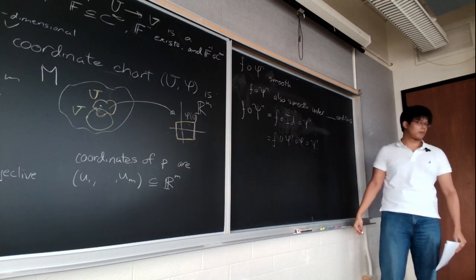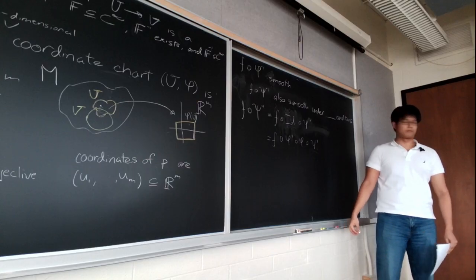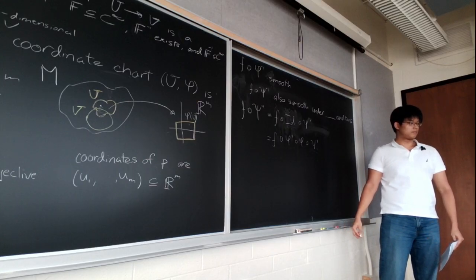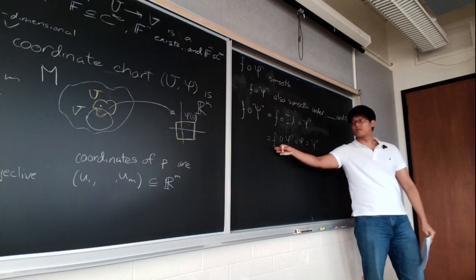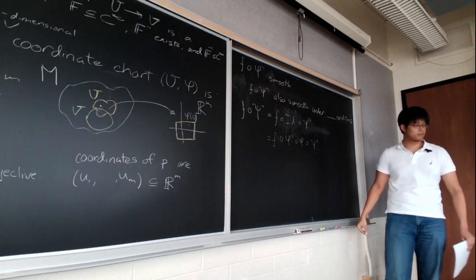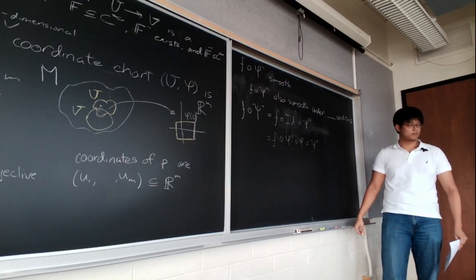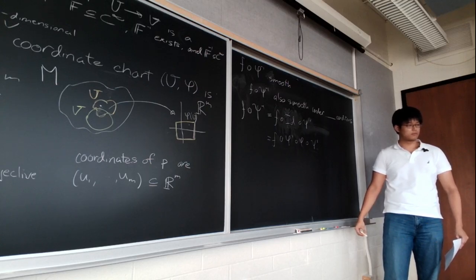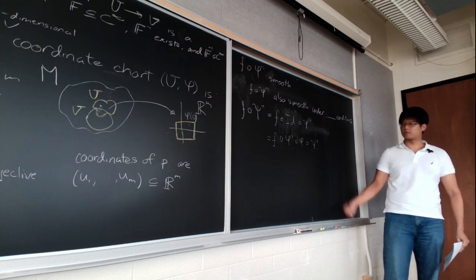I want to come up with some condition such that if F composed with phi inverse is smooth, then the other one is smooth. So we know that that is smooth, and now what condition should I impose on something? The right part is smooth.